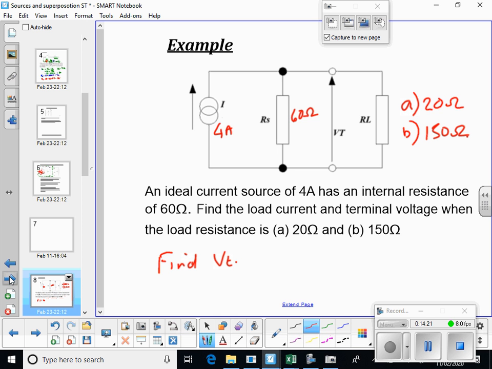All of the 4 amps is flowing here, but some of that goes that way and some goes there.